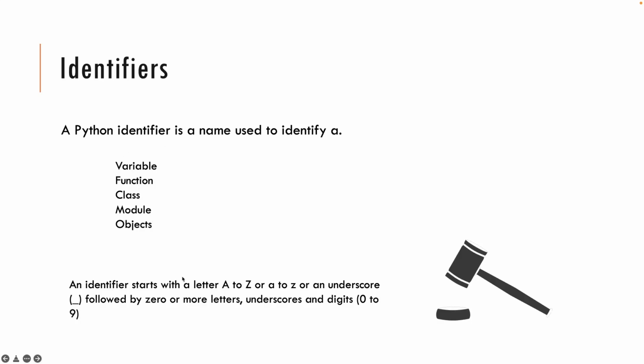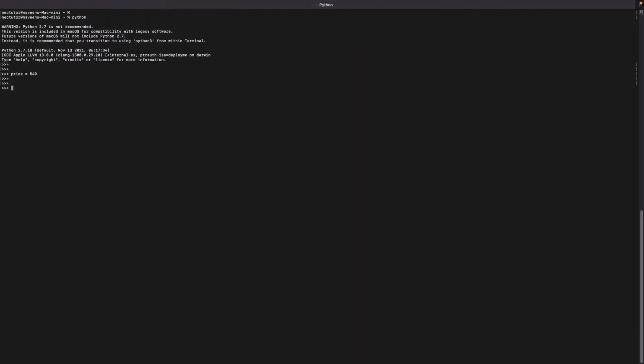The rules for the identifier are: it should start with an alphabet, A to Z, which can be uppercase or lowercase, but it may contain underscore or numerics, but it should not start with a numeric digit. Suppose price is a valid identifier. If I do the same with 8price, it is not a valid identifier.